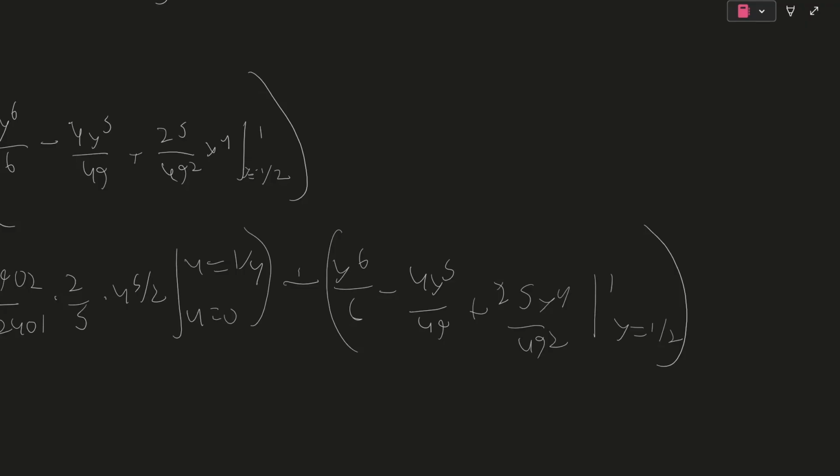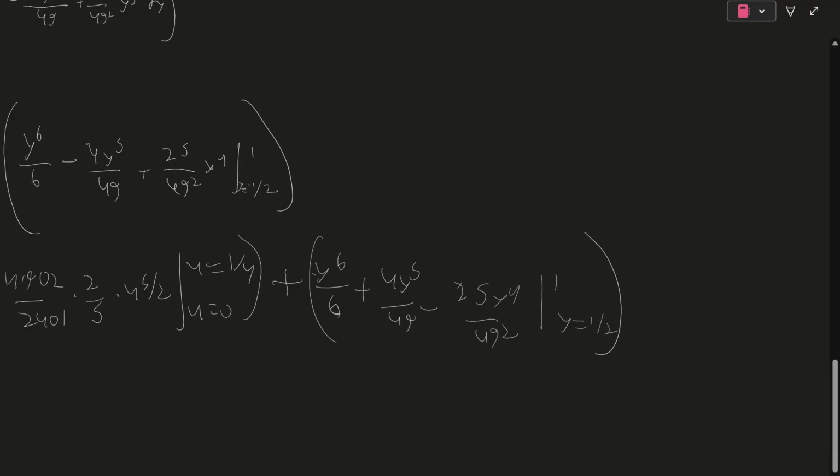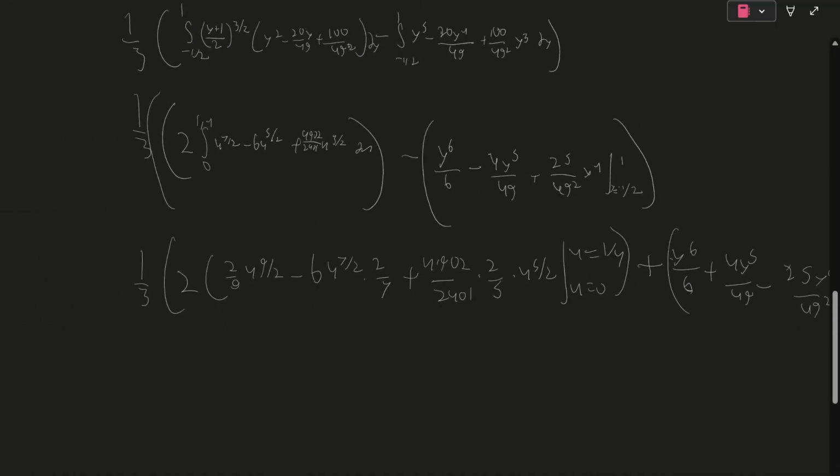We're going to just go ahead and switch the signs on our integral, or distribute this out. So this becomes negative y to the 6th over 6 plus 4y to the 5th over 49 minus 25y to the 4th over 49 squared, sorry, not 49 times 2. Alrighty.